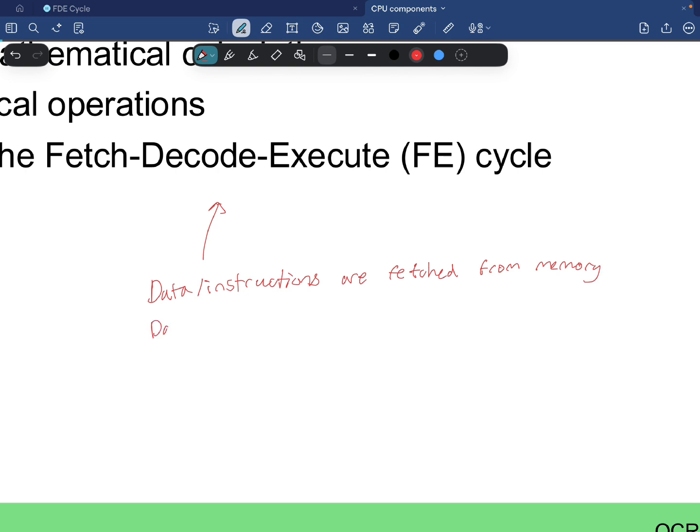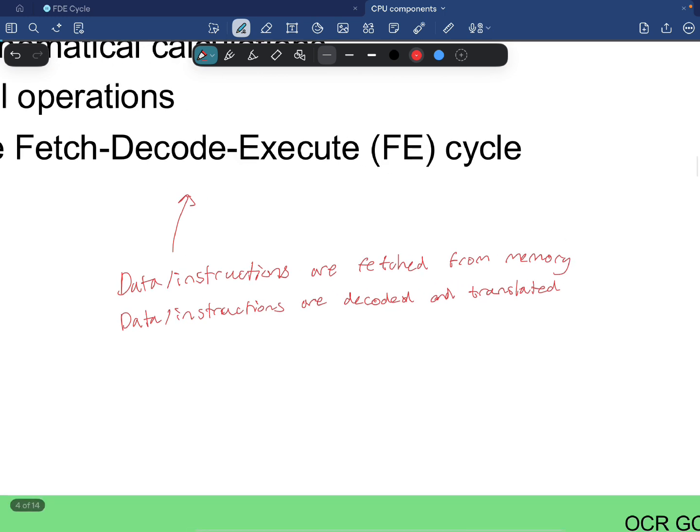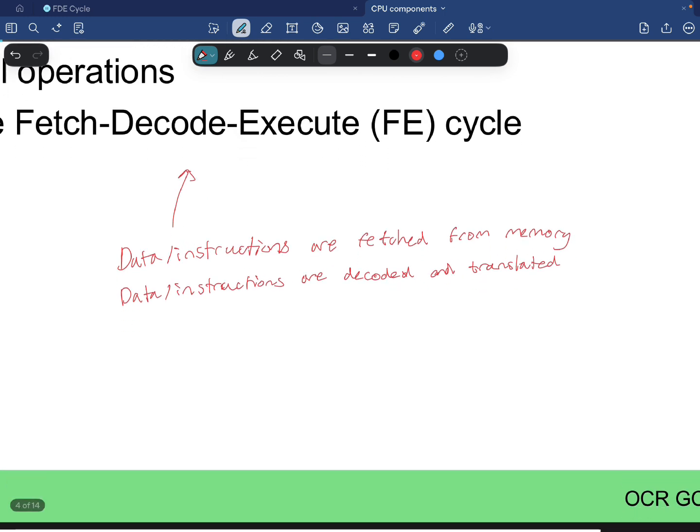We also said that data and instructions are decoded and translated. And then we also said that the instruction is executed and carried out.